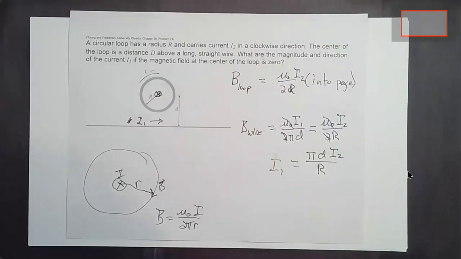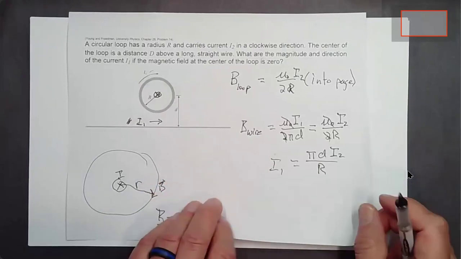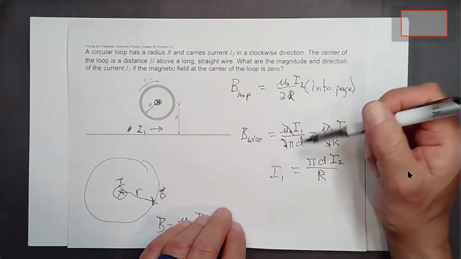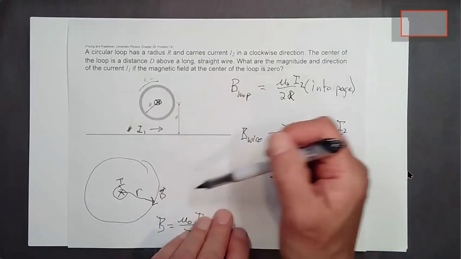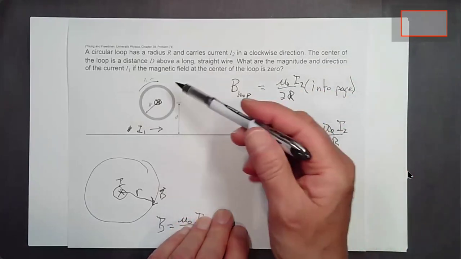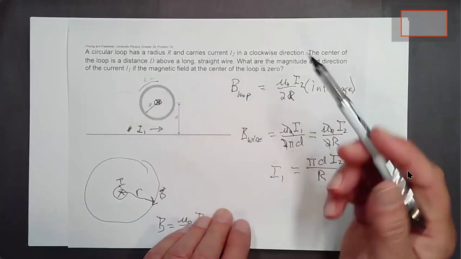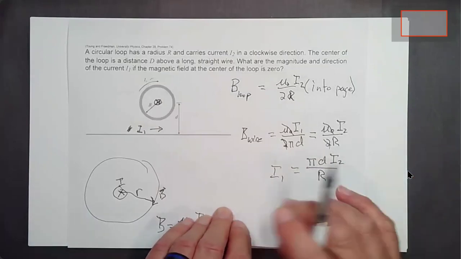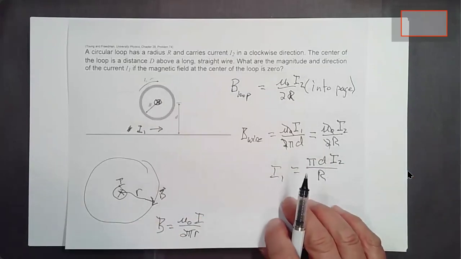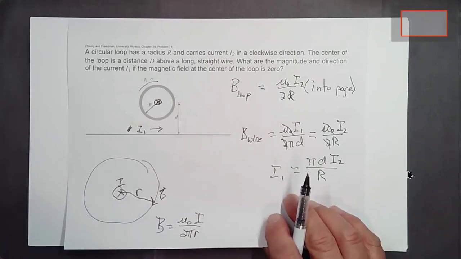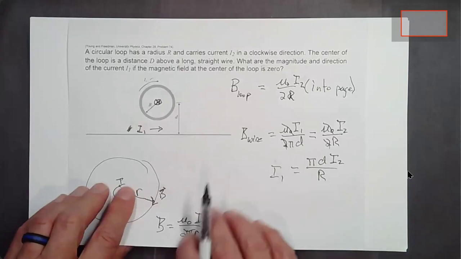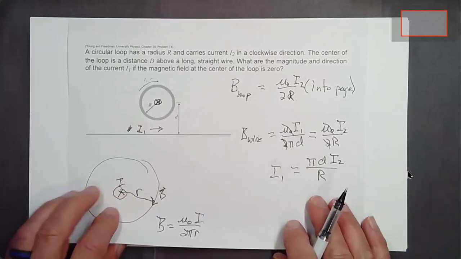Okay, our next topic. I don't plan on spending a whole lot of time on magnetic fields of current loops, not much more than I just did. Anyway, it's just a formula that's developed in the textbook.